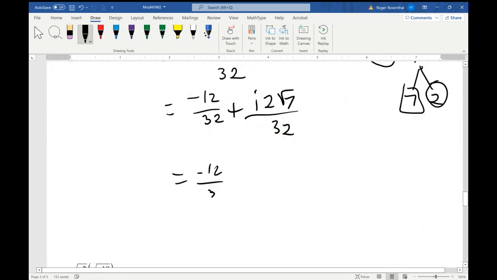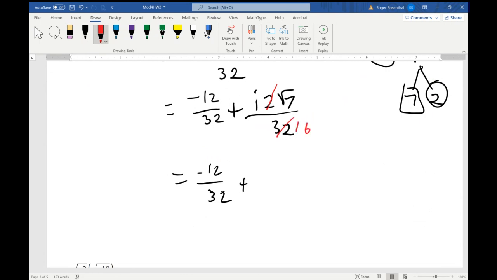This is equal to -12 over 32 plus, I can reduce this by dividing 2 into 2 and 32, getting 16. So that second part becomes i square root of 7 over 16. I can also reduce this one by dividing by 2, giving me -6 over 16.